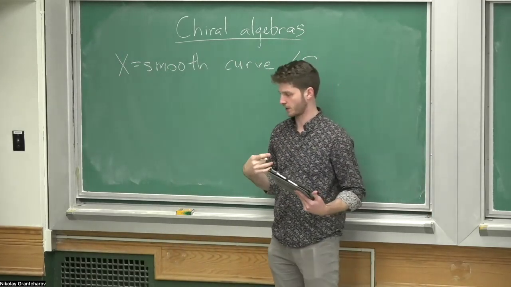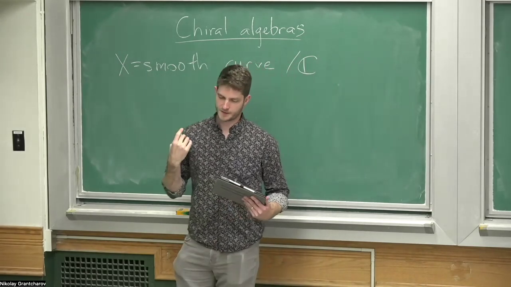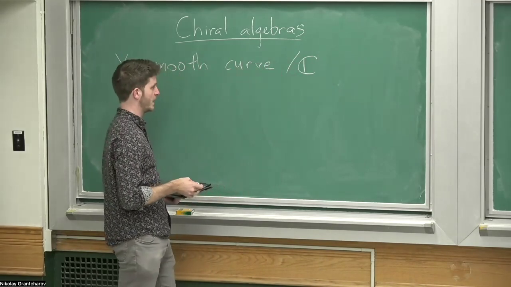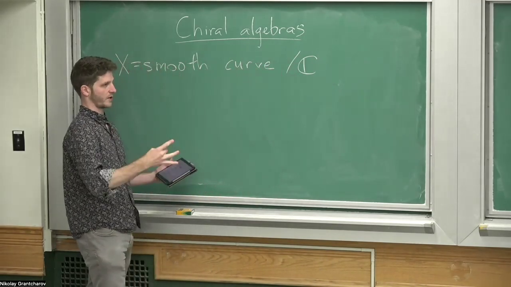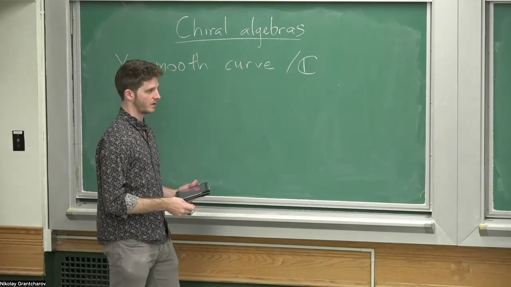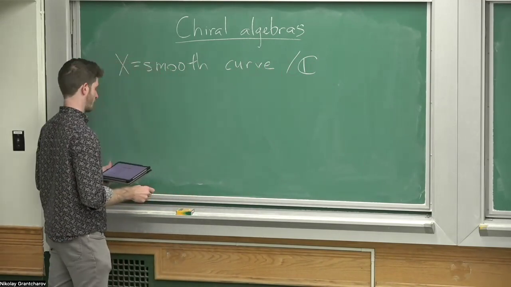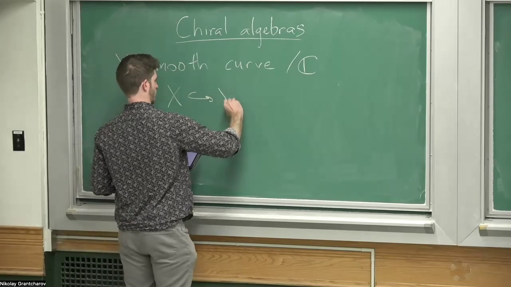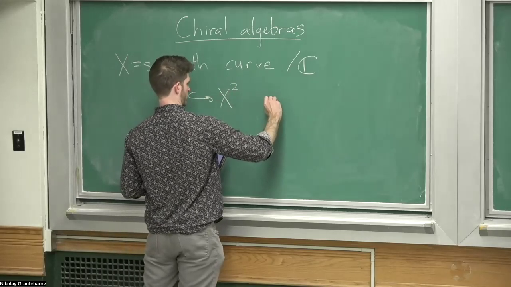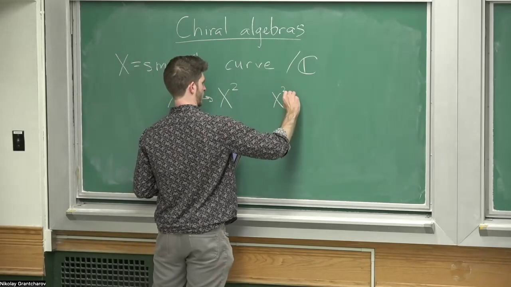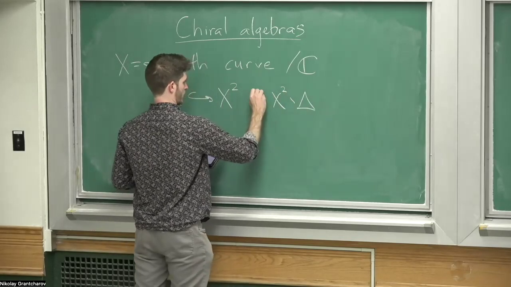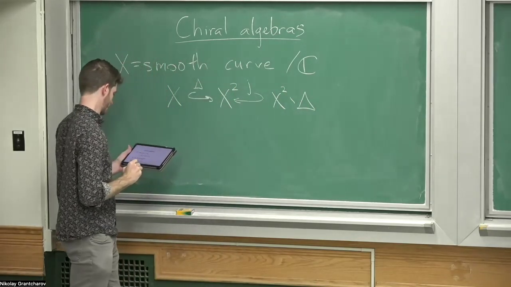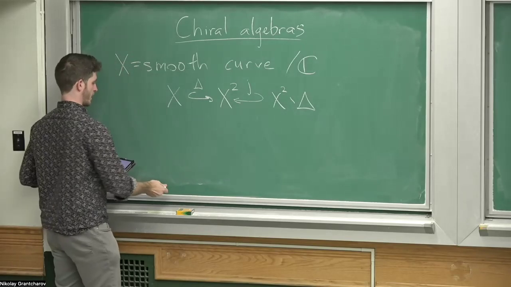It really takes place on the formal disk, or powers of a formal disk, whereas chiral algebras exist over a global curve. So we have the decomposition of the square of the curve into the diagonal and the complement of the diagonal.